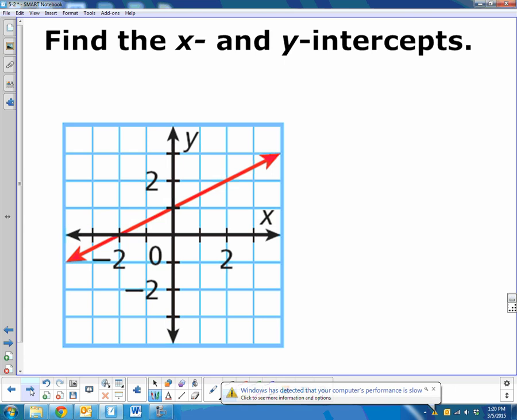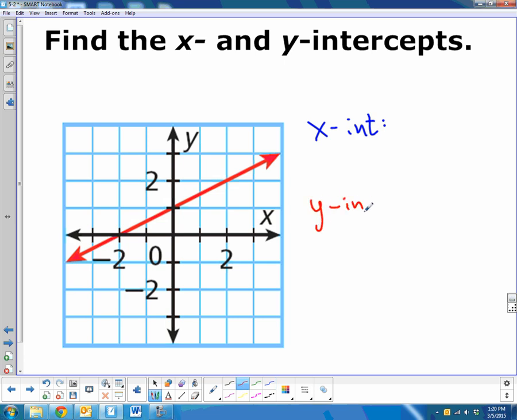Okay, when you have a graph, not so bad. If you're trying to find the x-intercept and the y-intercept, we can list them. I'm going to put x-int, a common abbreviation for the x-intercept, and y-int for the y-intercept. The x-intercept is where the graphed line intercepts the x-axis.